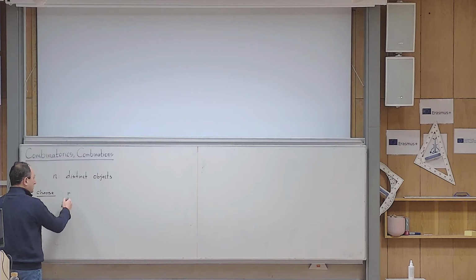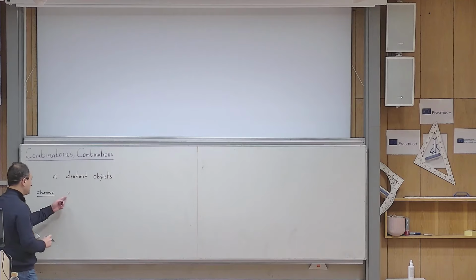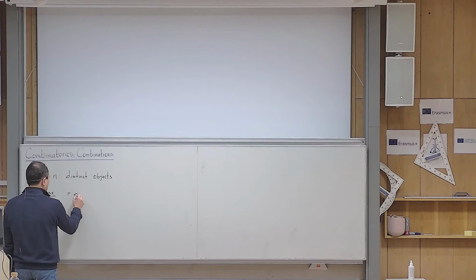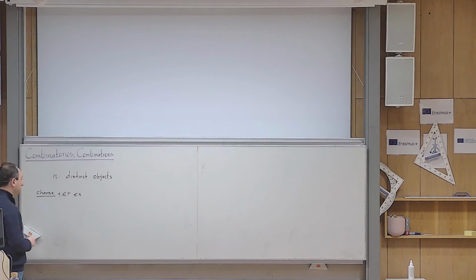This is the important word here. The combination of the chosen items is important, not the order in which I arrange them. So r is assumed to be a number maximally n and minimally 1. Of course, r and n are natural numbers. So I want to choose r of them in which the order does not matter.